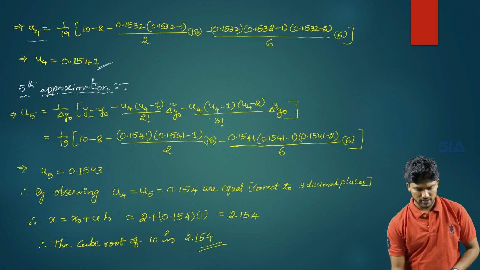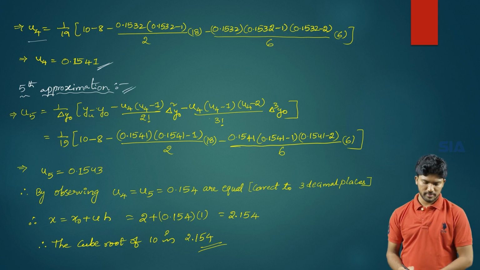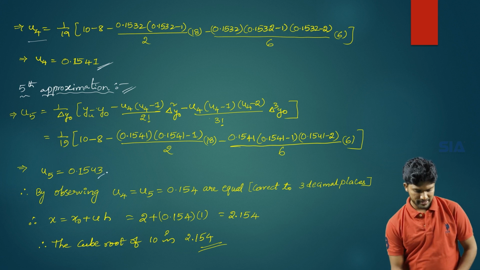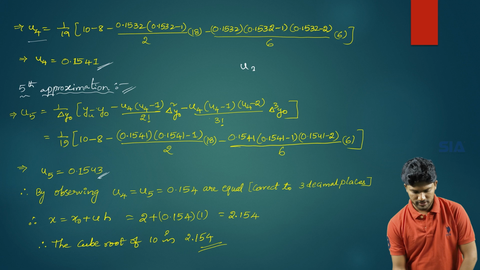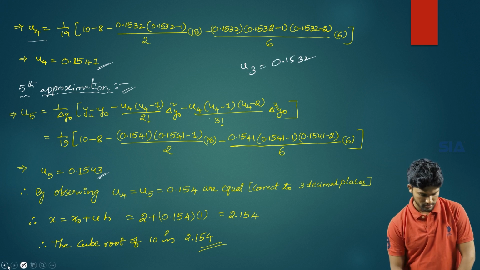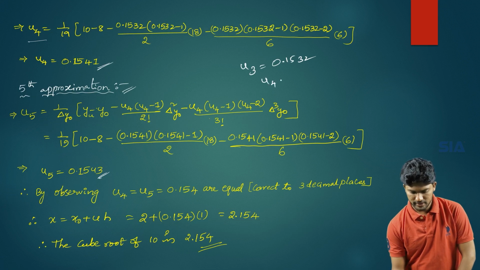Next, the fifth approximation, u suffix 5 is equal to 0.1543. So we got u suffix 3 is 0.1532, u suffix 4 is 0.1541 and u suffix 5 is 0.1543.